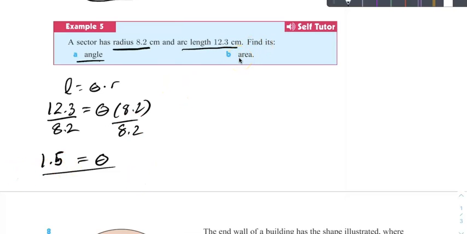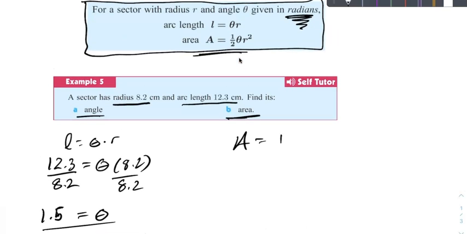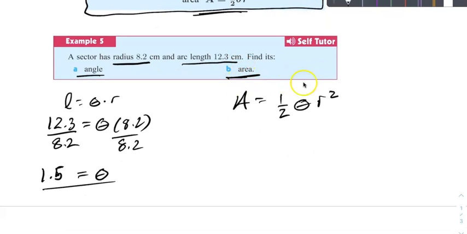Let's find the area. The area of a sector is pi r squared. Sorry, that's the area of a circle. The area of a sector is this one, 1/2 theta r squared. So just plug in what I have. It's 1/2 times my angle, which I just found, 1.5, times the radius, which they gave me, 8.2 squared.